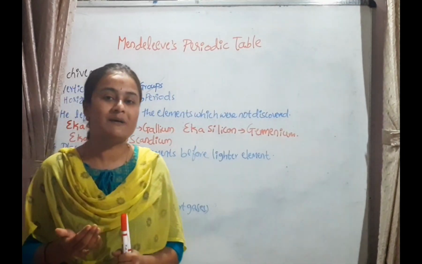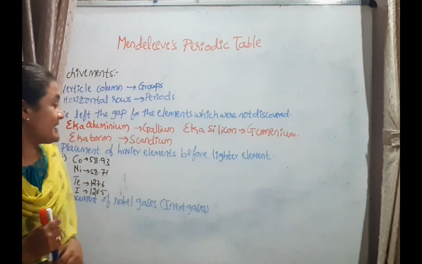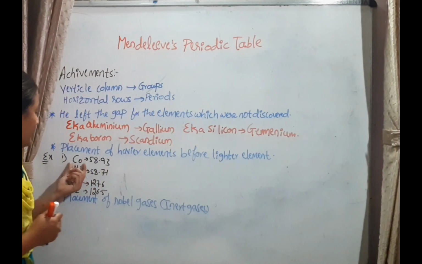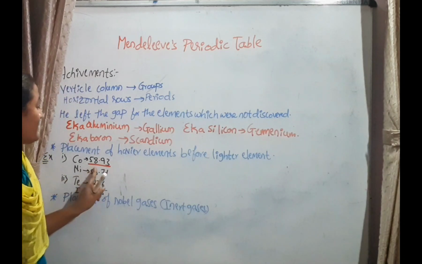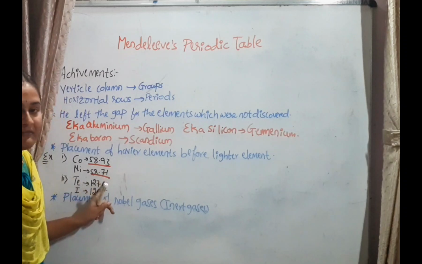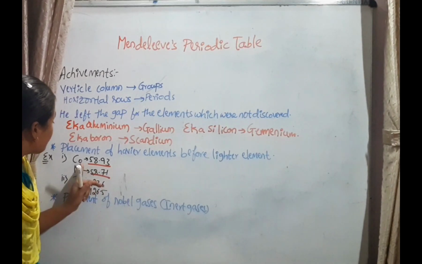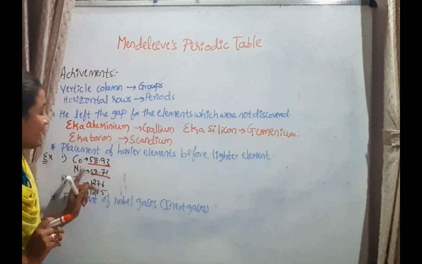That is, high atomic mass element first, then low atomic mass element. For example, he placed cobalt. Cobalt has the atomic mass 58.93 and nickel has the atomic mass 58.71. He placed cobalt first even though it has high atomic mass, then nickel.